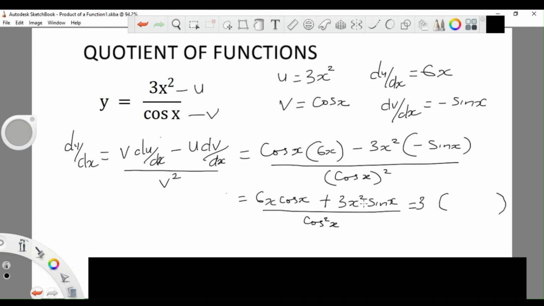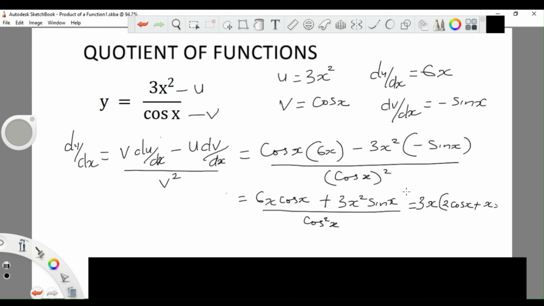I have x squared, so I'll bring out 1x. So 3x divided by 6x cos x will give us 2 cos x. That'll give us 2 cos x plus 3x divided by 3x squared sine x will give us x sine x.